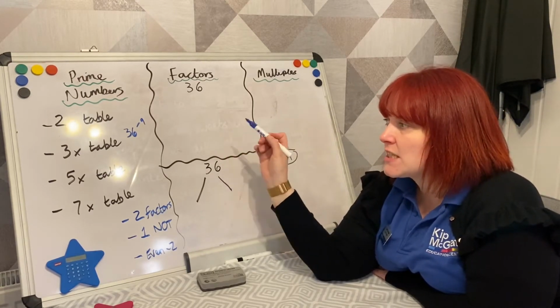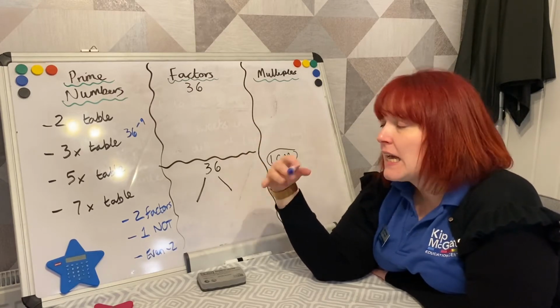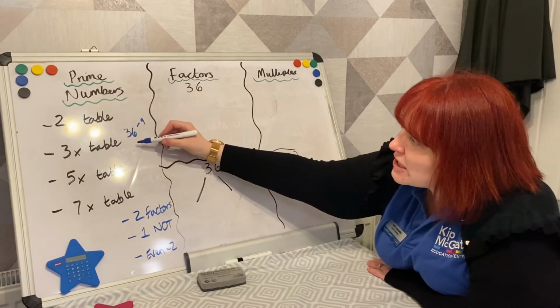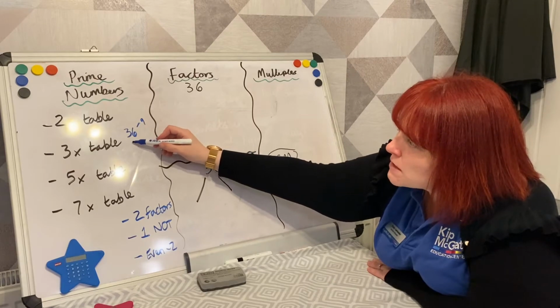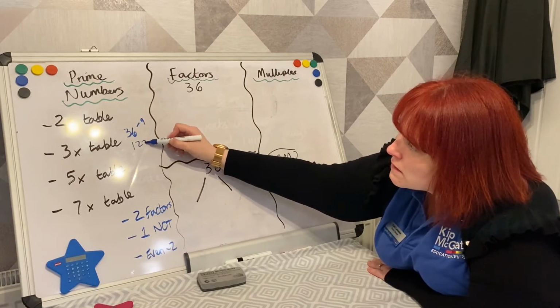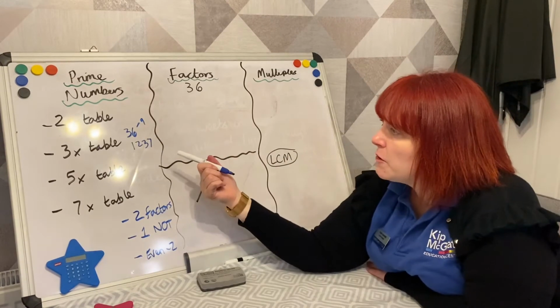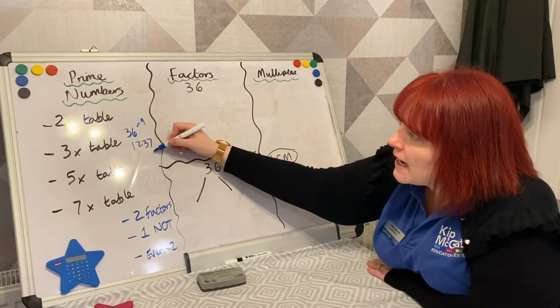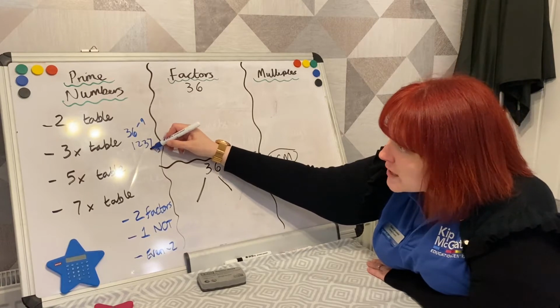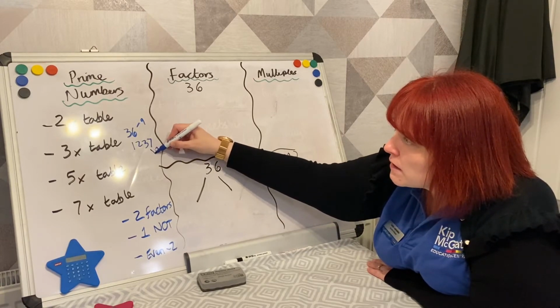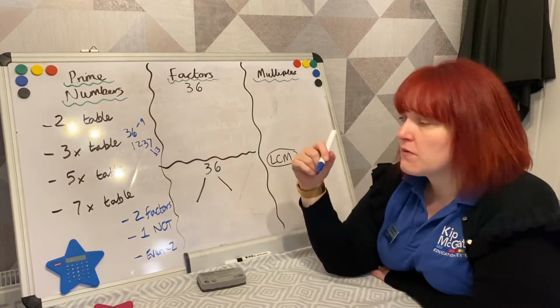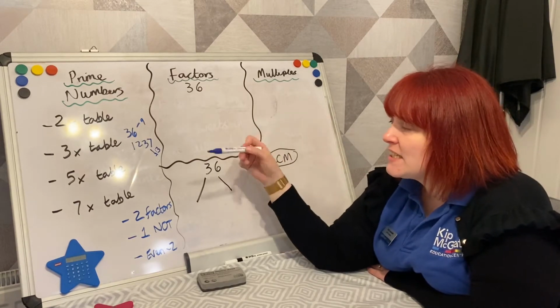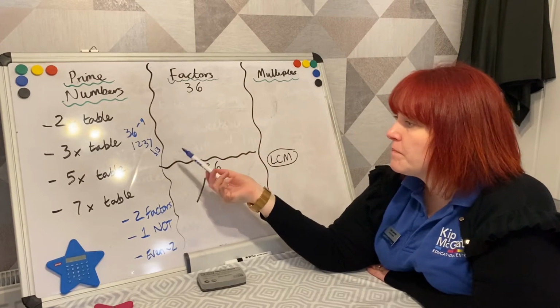So if the digits add up to a multiple of 3, it's in the 3 times table. We can apply that to even bigger numbers. If the digits add up to 13, that's not in the 3 times table, and so therefore it's not a multiple of 3. That's how we can test if a number is in the 3 times table.